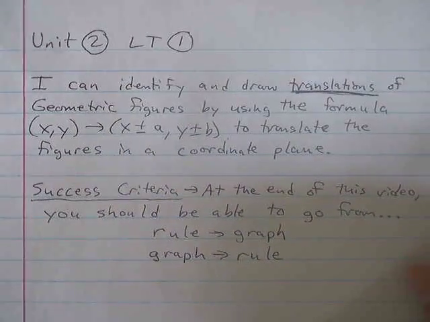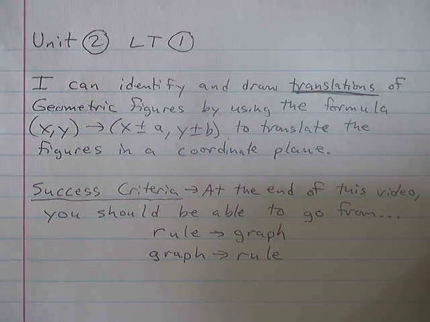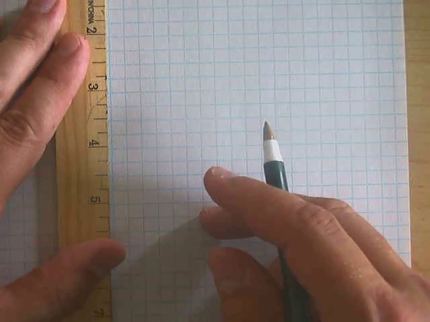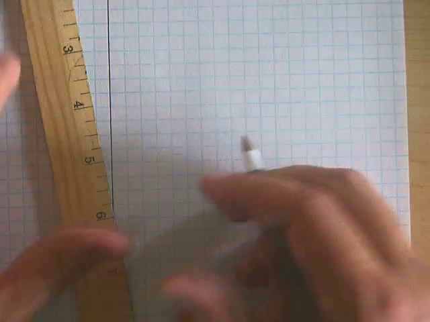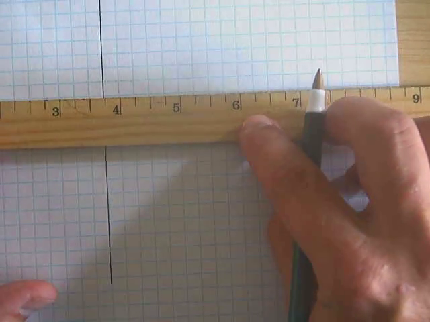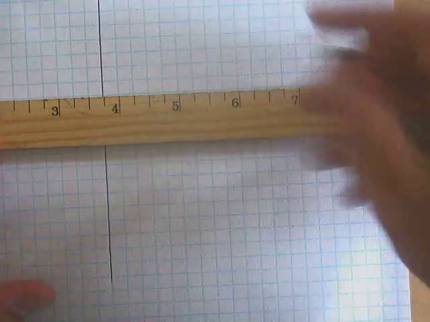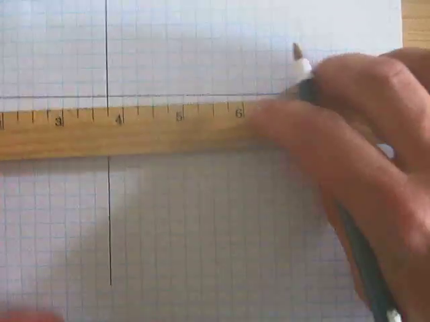Okay, so let's go back to our learning target. We're talking about translations today. First of all, I'm going to get out a sheet of graph paper. I'm going to make a graph, so please draw x and y axes. This is how I drew mine right here.